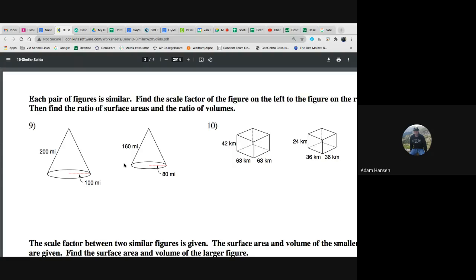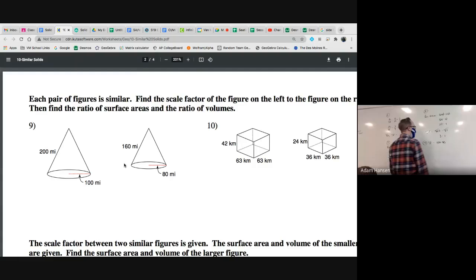Let's see, scale factor for number 9. We could do 100 to 80. Make your life easier. What does that reduce down to? 5 to 4, right? Because you can divide everything by 20. There's your scale factor.